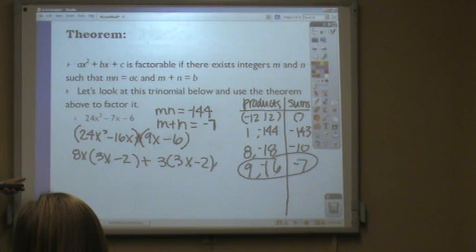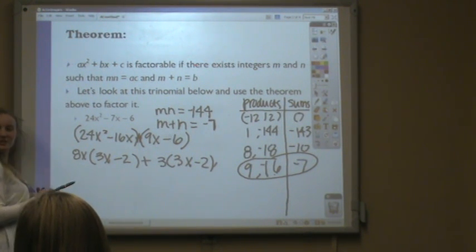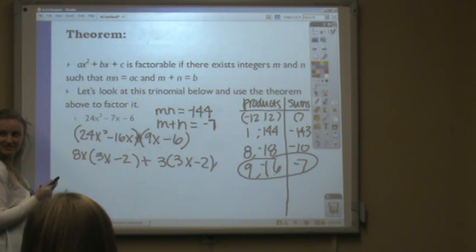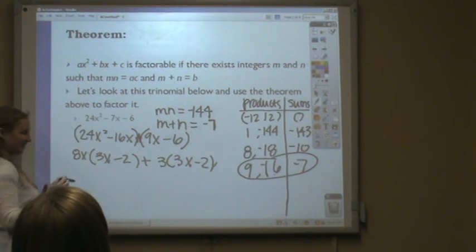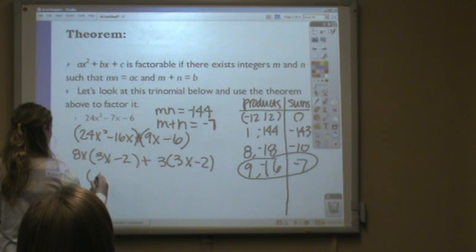Okay, so what do you think we would do next? Well, the linear terms in the parentheses are the same. Is there anything we can do? Yeah. You can factor out the 3x minus 2 out of that whole sum.